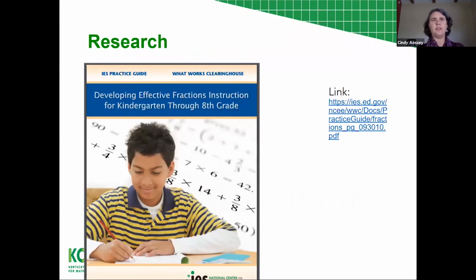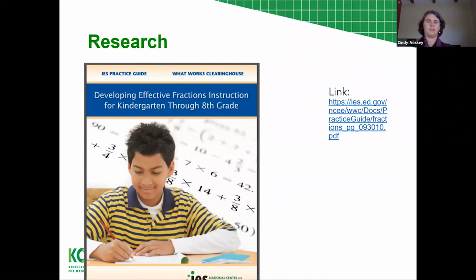So the research that's going to underlie our focus for this week is this IES practice guide. This is a document put out by the government, What Works Clearinghouse, that synthesizes the research about how to teach fractions, starting from kindergarten all the way through grade 8. Because the reality is, we've not taught fractions well.